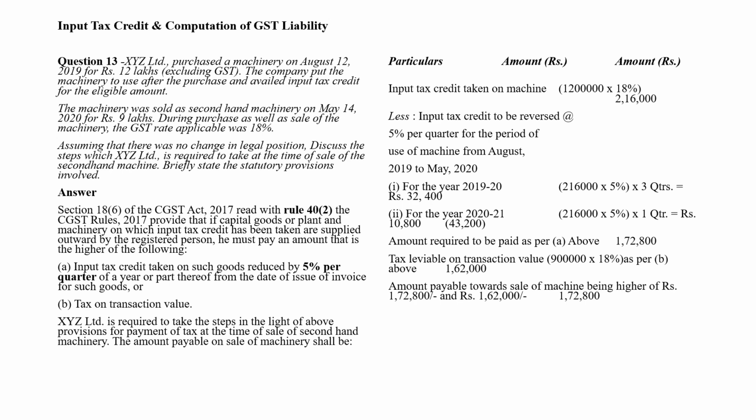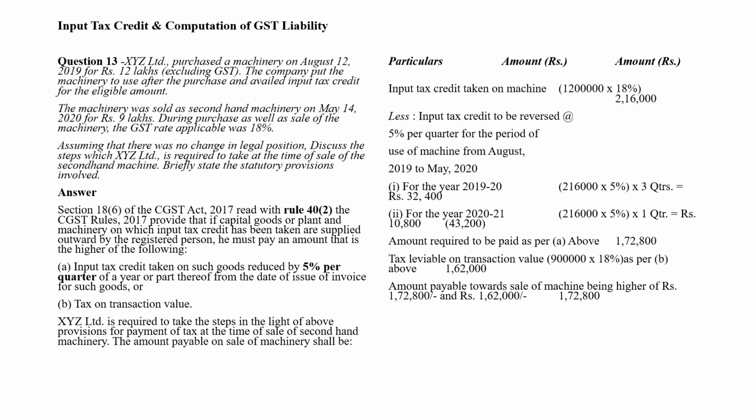The company put the machinery to use after the purchase and availed input tax credit for the eligible amount. The machinery was sold as a second-hand machinery on May 14, 2020 for rupees 9 lakh. During purchase as well as sale of the machinery, the GST rate applicable was 18%.